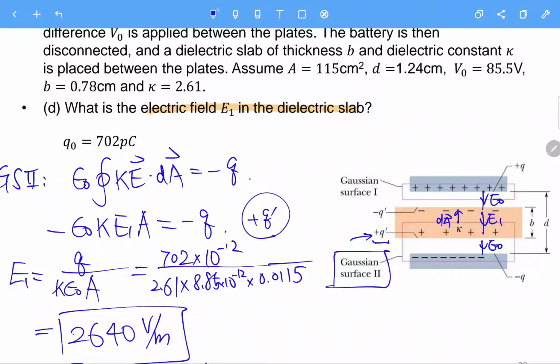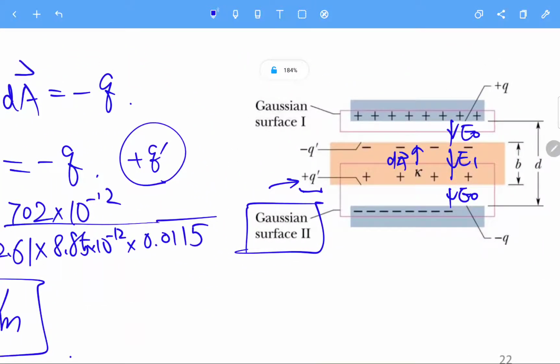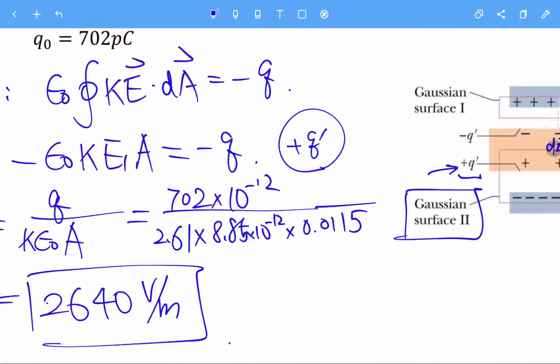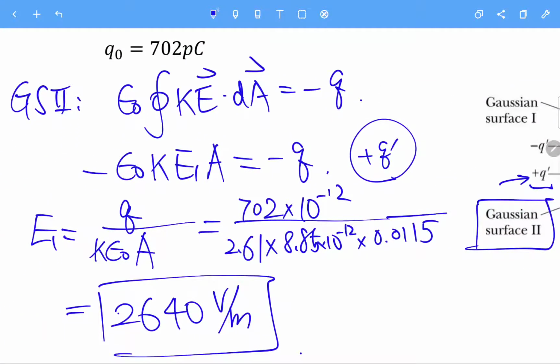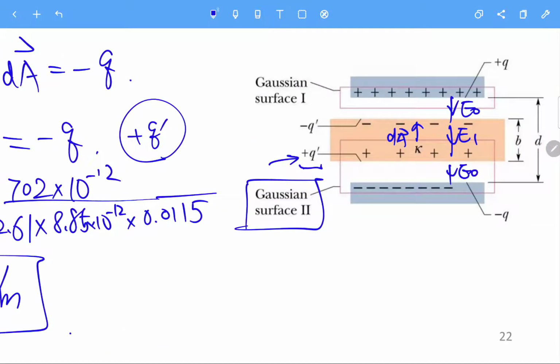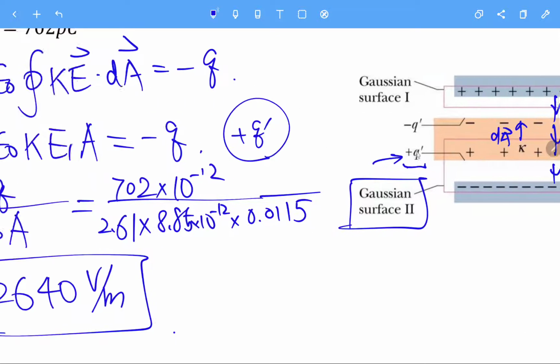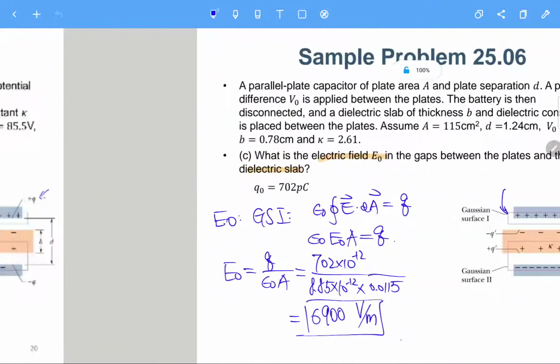Actually, you can finally find that there will be a plus Q prime there, but when we use Gauss's law and include this area, we will exclude this term, because when you consider the overall dielectric, it turns out there will be some charge here and some charge there.